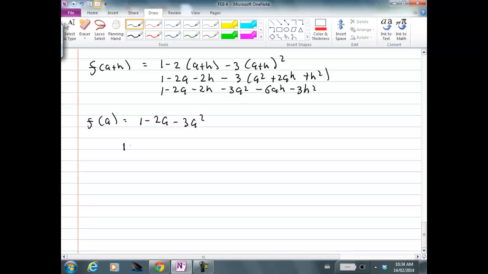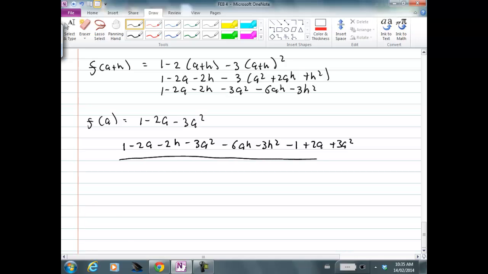It gets a bit messy: 1 minus 2a minus 2h minus 3a squared minus 6ah minus 3h squared, minus 1 plus 2a plus 3a squared, over h.